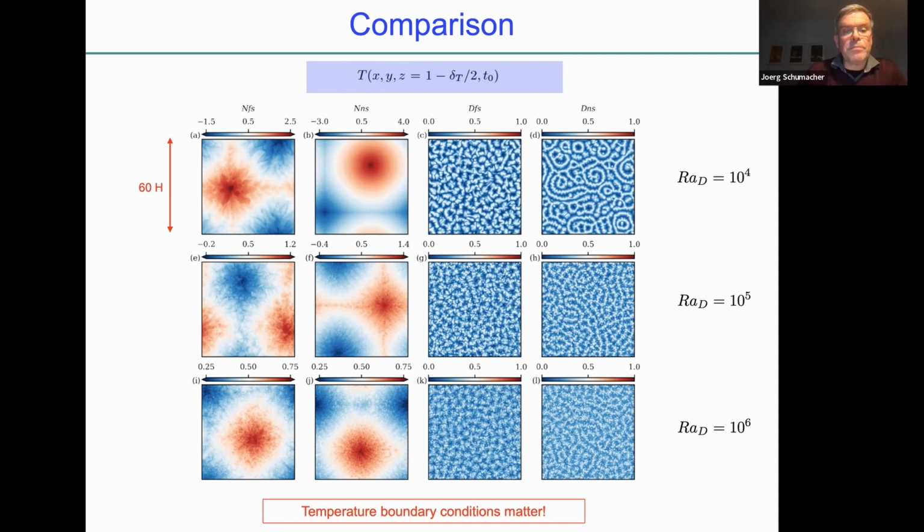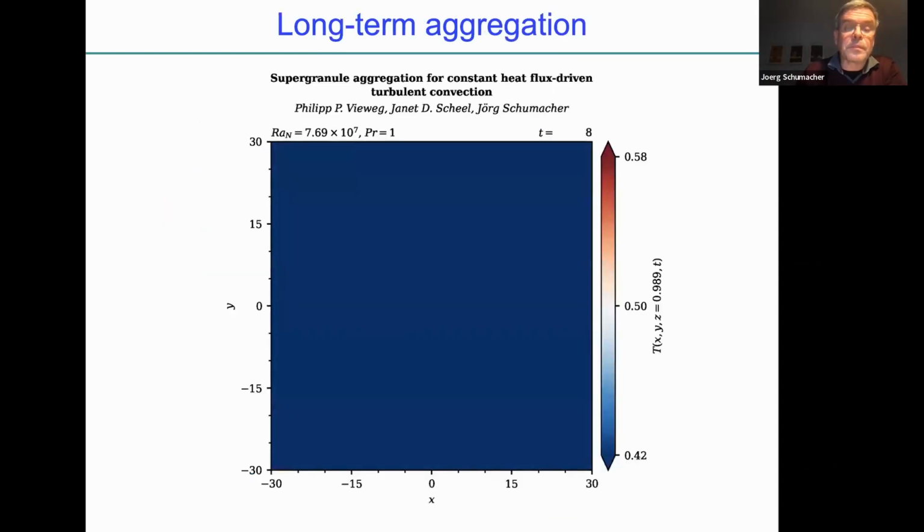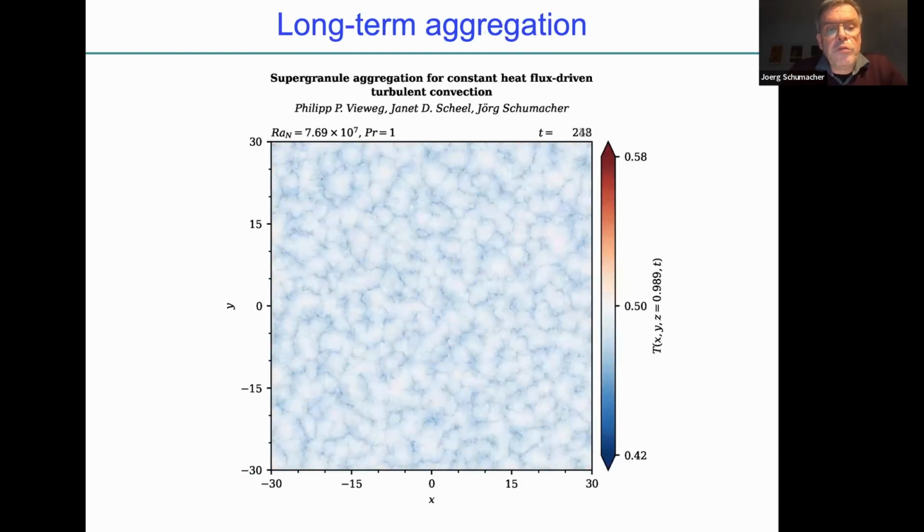So the temperature boundary conditions seem to matter. And what we observe then is a very big granular system, which we term, motivated by the solar context, supergranule. So let me show you a movie.